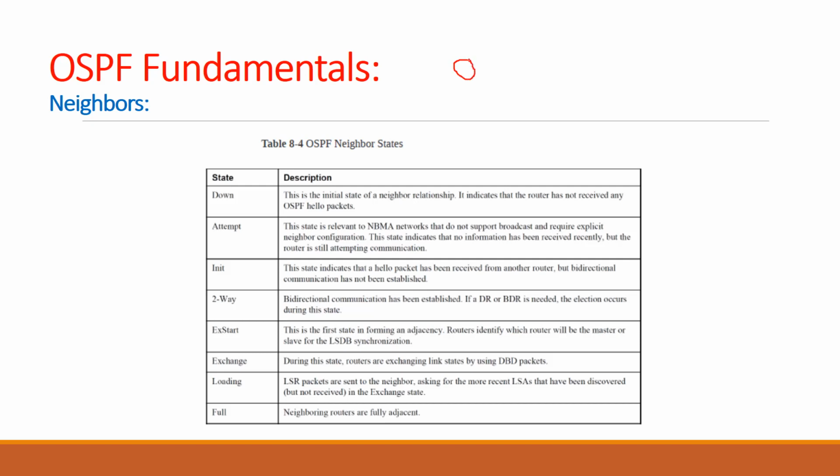If we have here an OSPF router, and another OSPF router, and they are sharing the same network link, there are OSPF neighbor states that happen between these two routers before becoming fully adjacent OSPF neighbors.